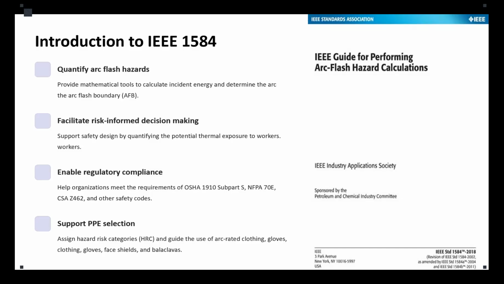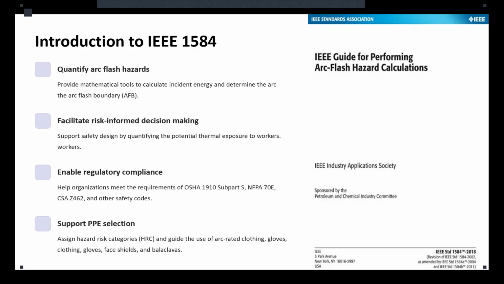The importance of the 2018 version is that it includes over 1,800 full-scale laboratory arc flash tests, meaning it's not just a theoretical model, it's grounded in experimental data collected under controlled but highly realistic conditions.